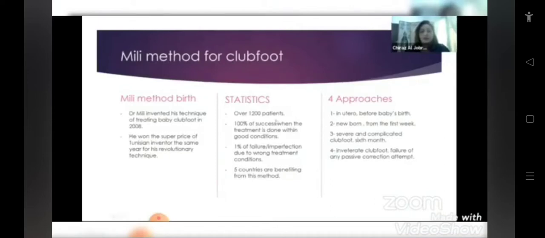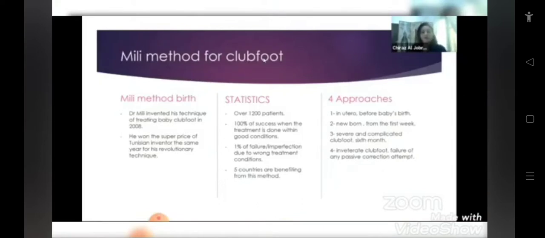This method has 4 approaches. The first approach is in utero treatment, which means the treatment starts before the baby's birth, almost at the 3rd month of pregnancy. The second approach is the newborn approach, which starts treatment in the 1st week, sometimes before the 3rd or 4th day.